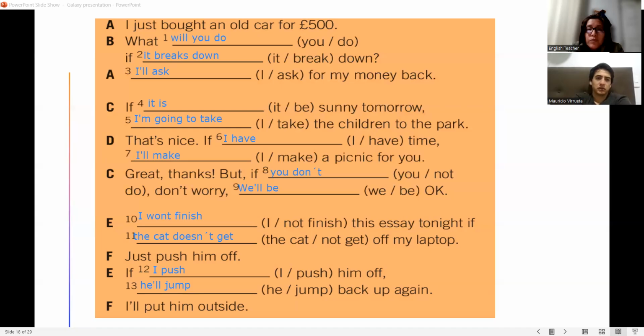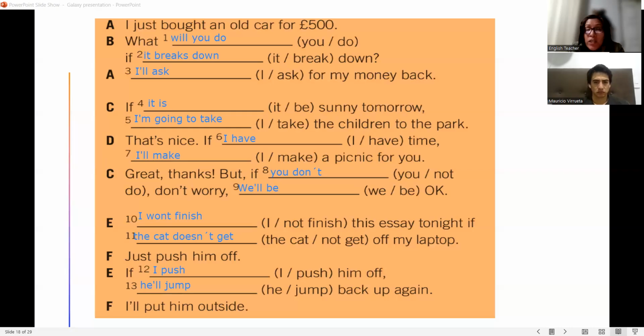If it's sunny tomorrow, I'm going to take the children to the park. I think it is will, because here we are using a future prediction. You are predicting, no? If it's sunny tomorrow. So when we talk about future predictions, we use will.